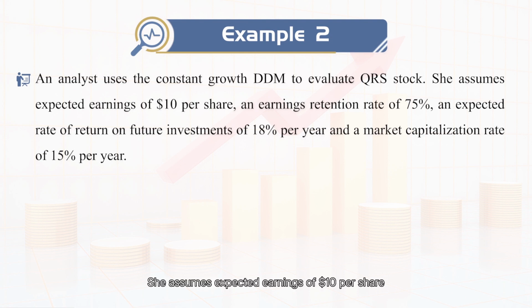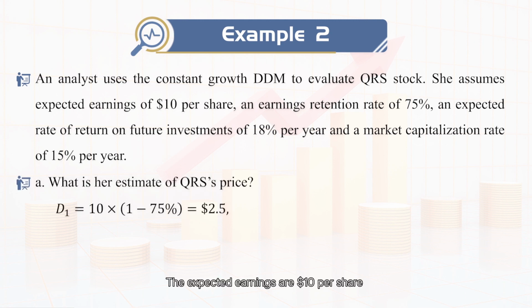She assumes expected earnings of $10 per share, an earnings retention rate of 75%, an expected rate of return on future investments of 18% per year, and a market capitalization rate of 15% per year.